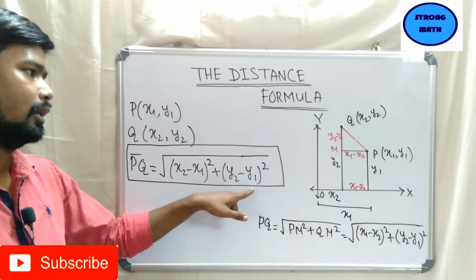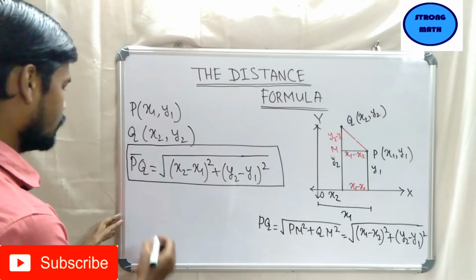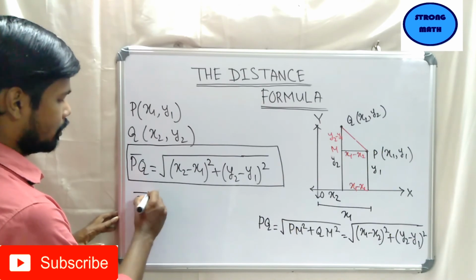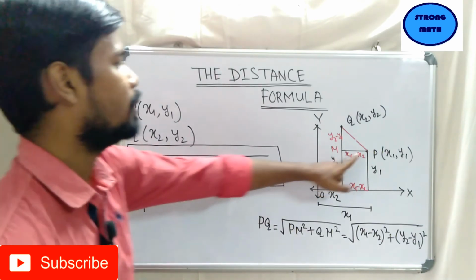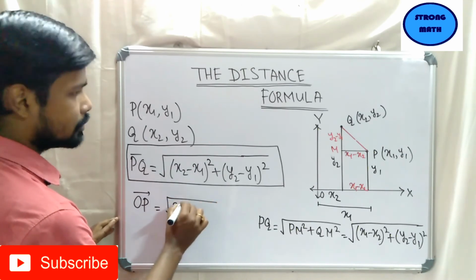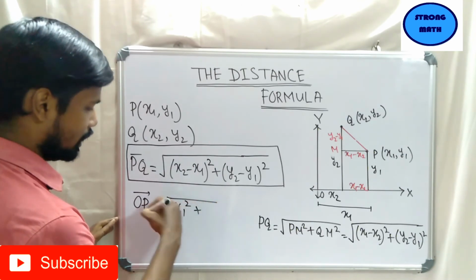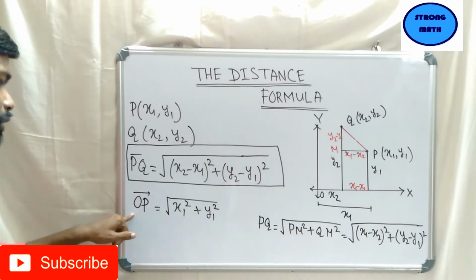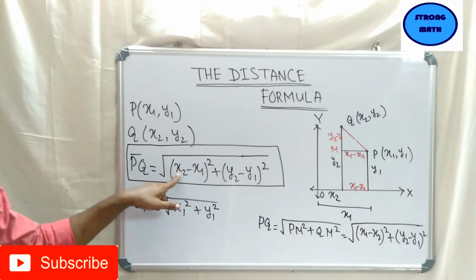Now suppose we want to find out the distance OP, that is the distance of the point P from the origin. Then this is root under x1 square plus y1 square, because here the second coordinates are nothing but 0, 0.